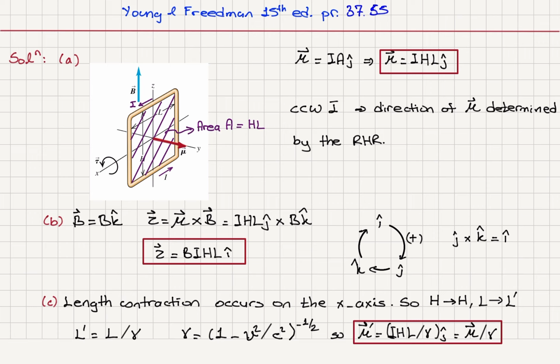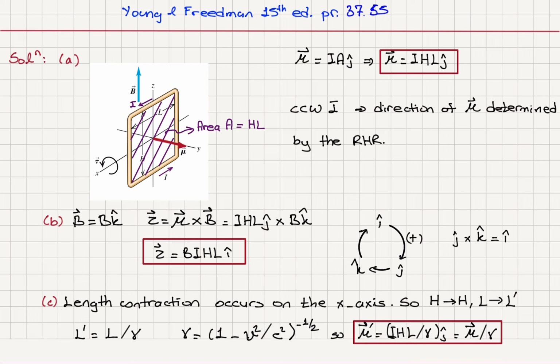If there is a spaceship that moves along the x-axis with a relative speed v to the laboratory reference frame, the length which was properly measured in the S-frame will be contracted when measured from the alien reference frame. So by how much? It will be L divided by gamma, so that the magnetic dipole moment measured will change.